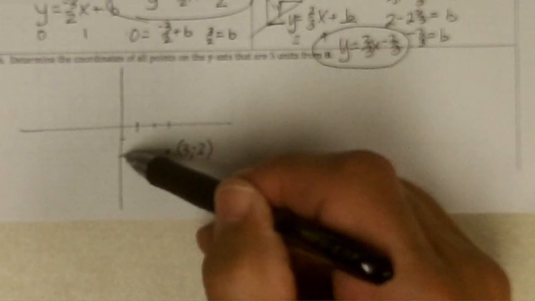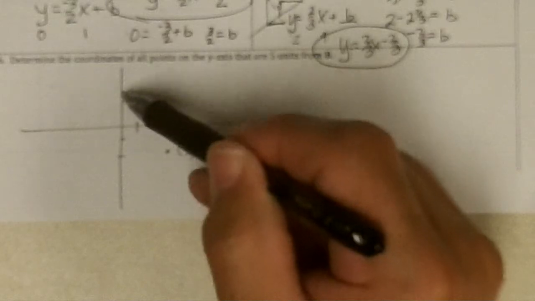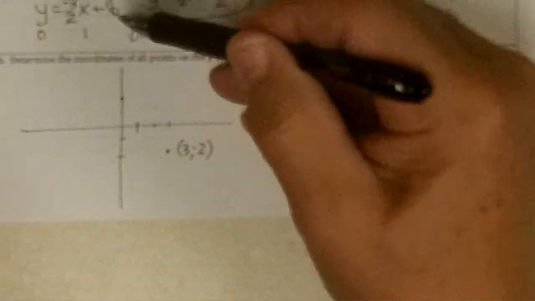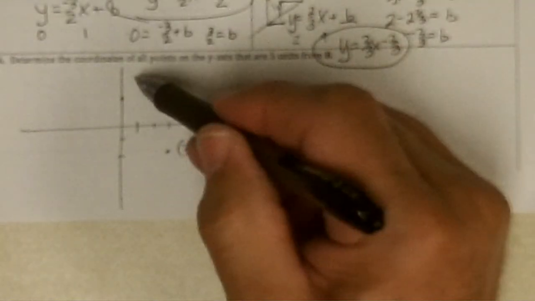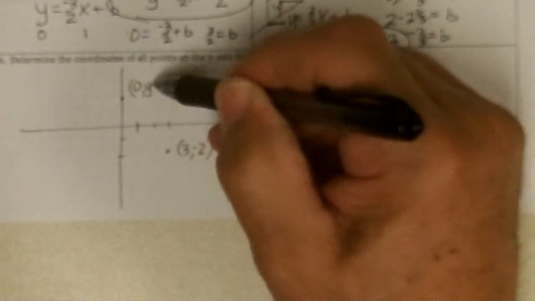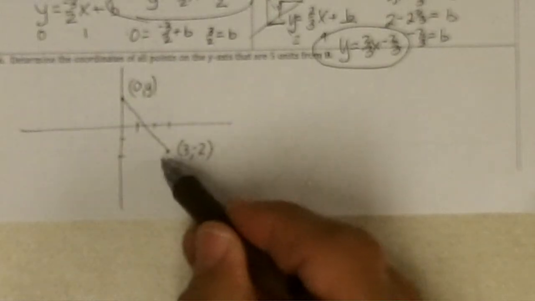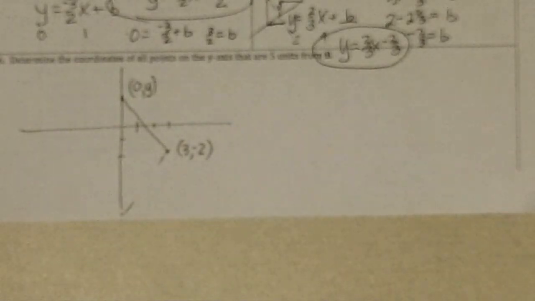Well, this is only 3 if I go straight to it, so I'm going to have to angle up here someplace. I don't know where, but if I'm on the y-axis, the x-coordinate has to be 0 because I'm not sideways anywhere, and I'm up some amount that I'm not sure about. And I'm trying to find that place. Well, actually, there are 2 places. There's one down here too.